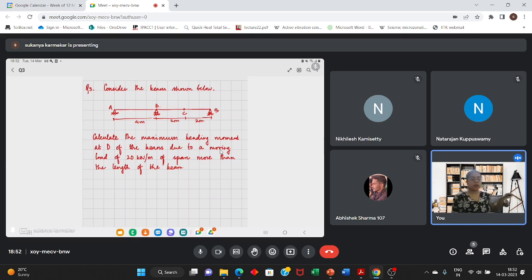So first step is drawing the influence line diagram. I'll be using the Mueller-Breslau principle to draw the influence line diagram.